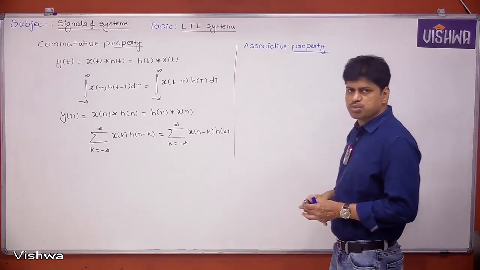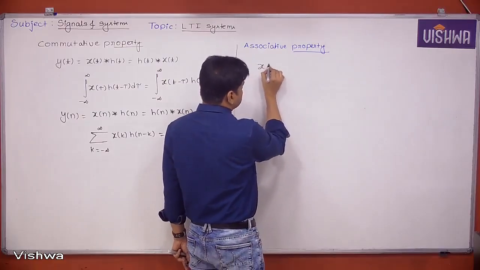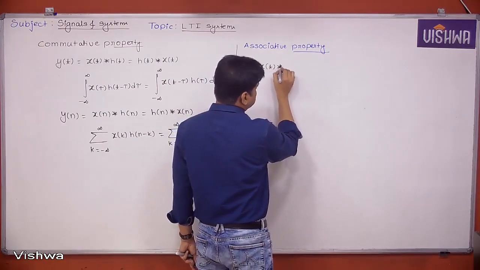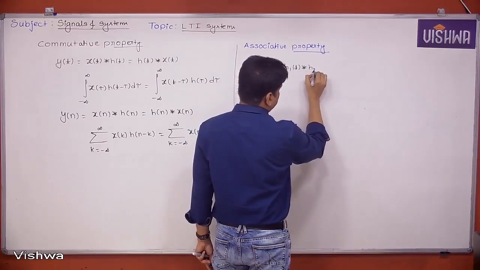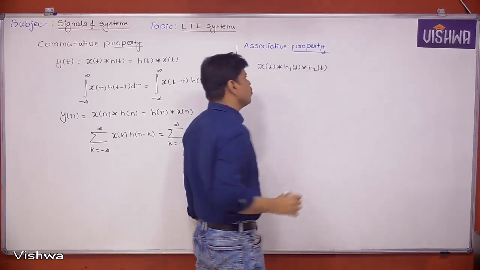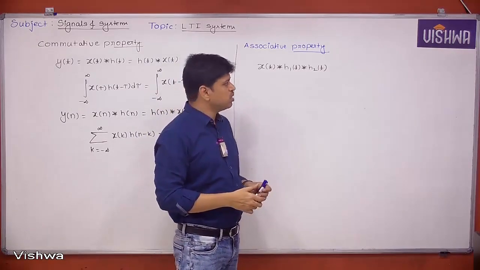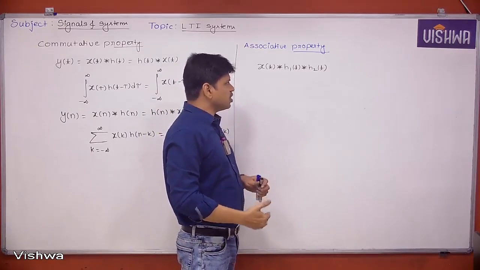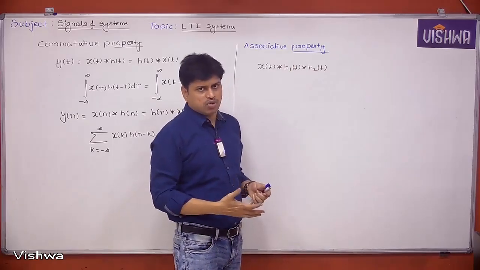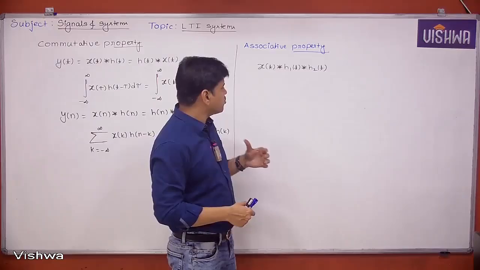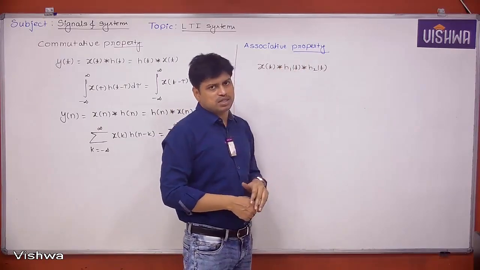What the associative property says is: suppose you take x of t convolution with h1 of t convolution with h2 of t. We have two convolutions, so we have to perform the convolution two times. We don't have a formula for convolving three signals at once. So first we have to perform the convolution between two signals, then convolve the result with the other signal. That's what we have to do.